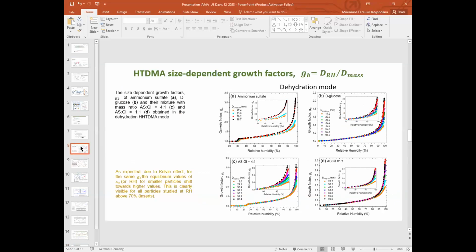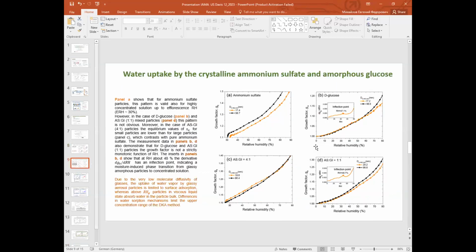But this is not so for glucose, for example, and mixing glucose with ammonium sulfate, because they are in the amorphous state before the phase transition. And we can see a different pattern of water uptake before 84 relative humidity and after that.